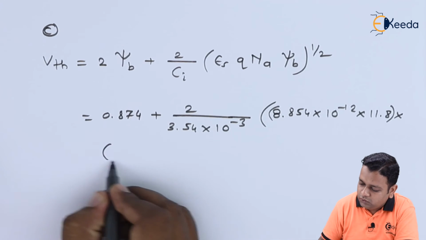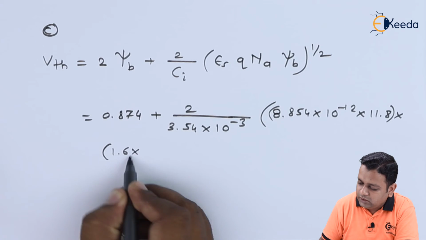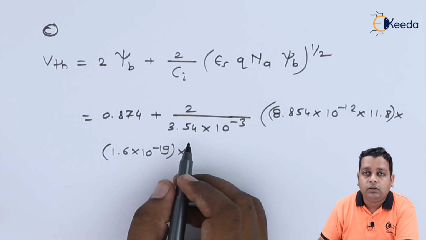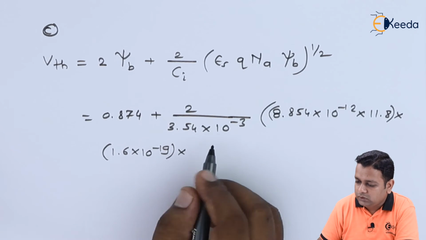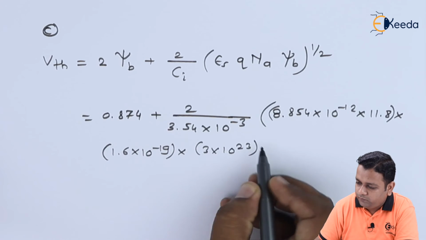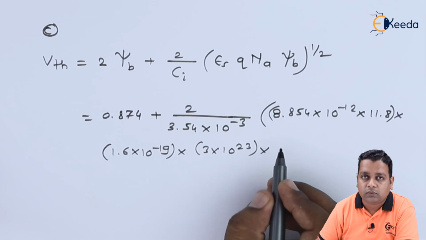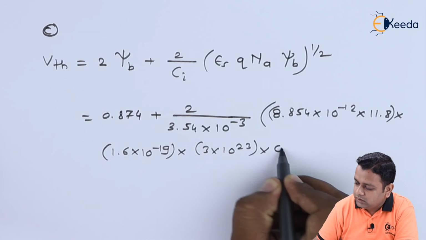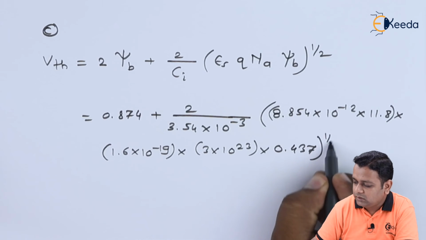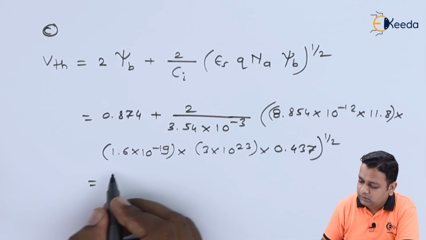In multiplication to, here we have Q as 1.6 into 10 raised to the power minus 19 into the concentration, that value is 3 into 10 raised to the power 23 in multiplication to psi suffix B, the half of the answer from part A, that is 0.437. So this has the power 1 by 2 here.